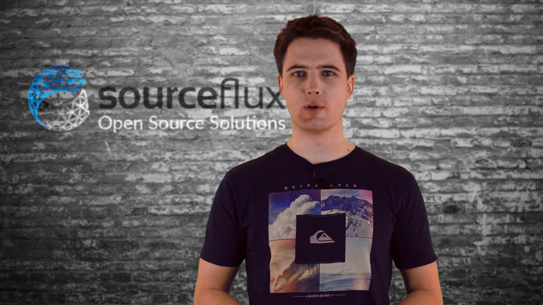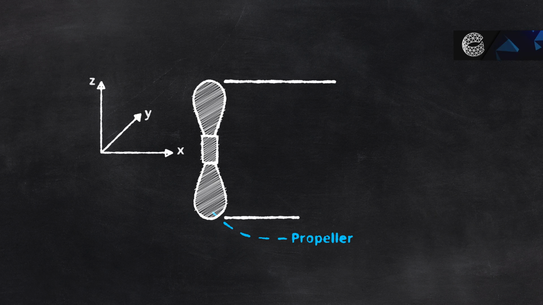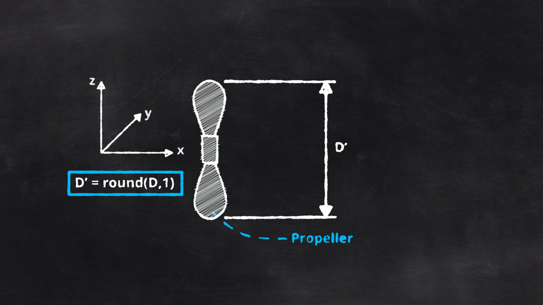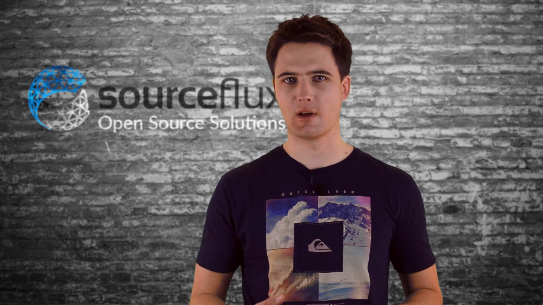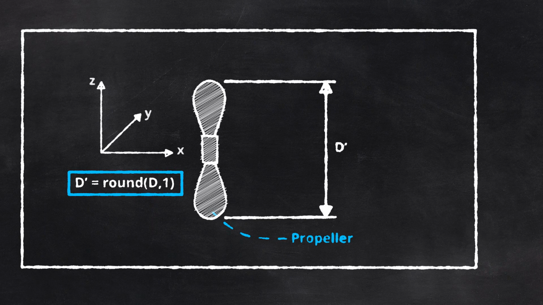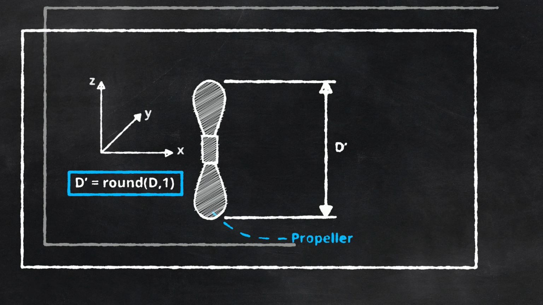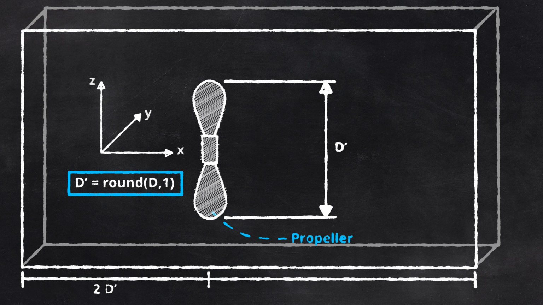So, how are we going to lay out the blockMesh? The propeller, with its origin being at 0, 0, 0, is going to be located in the origin of the blockMesh as well. The propeller's diameter is 0.2 meters, which is indicated by D'. D' is the original unrounded diameter that we estimated from the output of surfaceCheck. The distance between the propeller's origin and the boundary with the lowest x value, which is called xMin, is going to be 2D'.